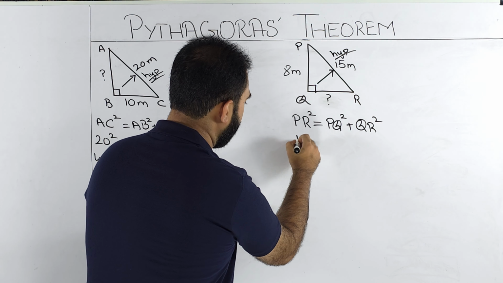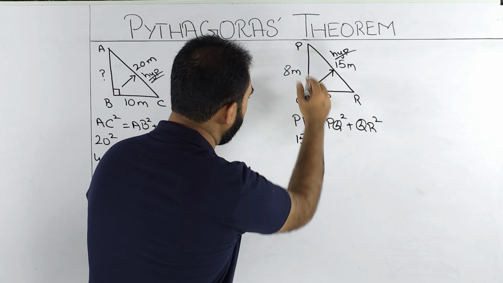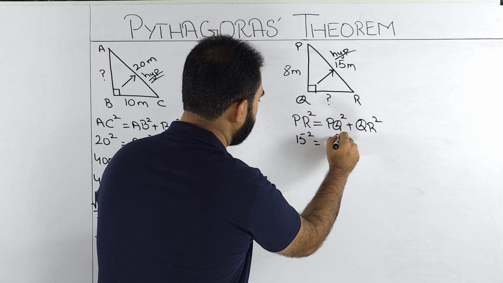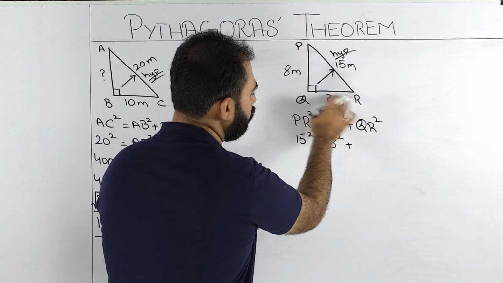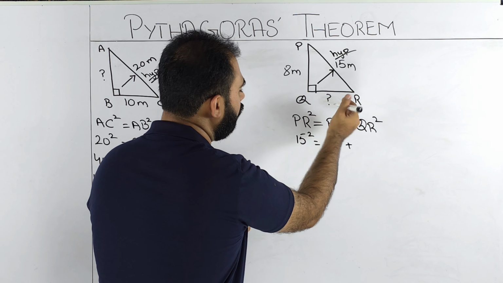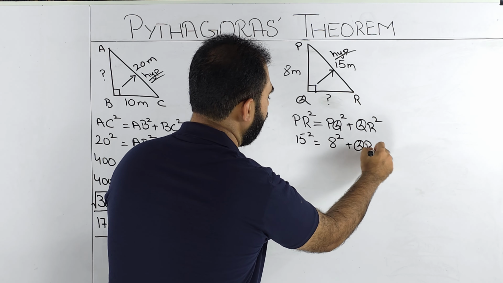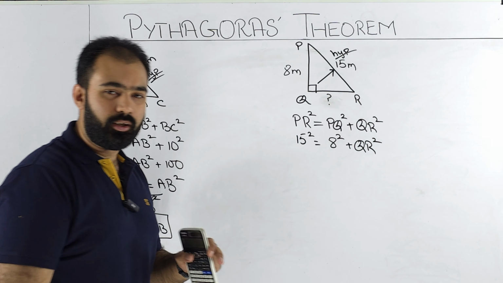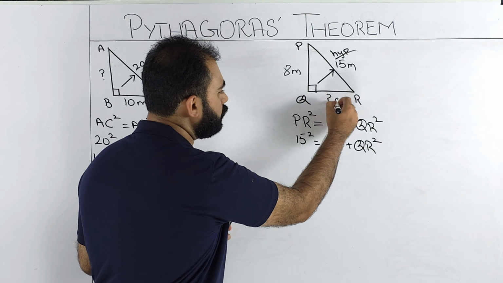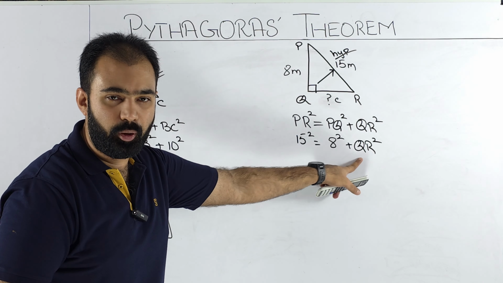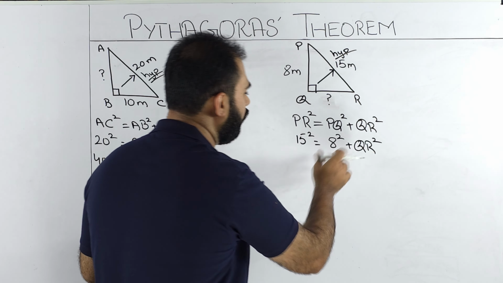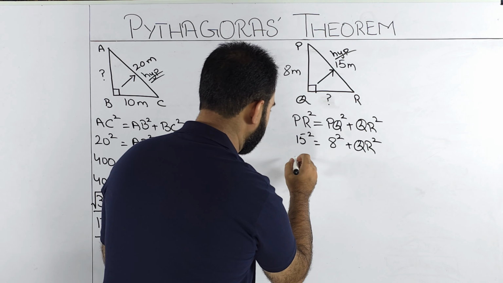PR square is 15 square is equals to PQ is 8 square plus QR. As there is no name given, no unknown given, so we will use the length name QR square. Name of the length, that is QR square. अगर यहाँ पर मेरे पास B, C, A कुछ दिया होता तो मैं उसको यहाँ पे replace कर देता. But in this case we don't have it, so we are going to use QR square as it is.